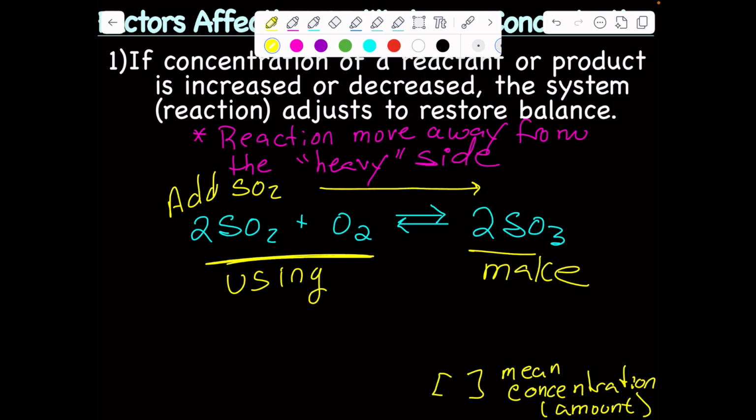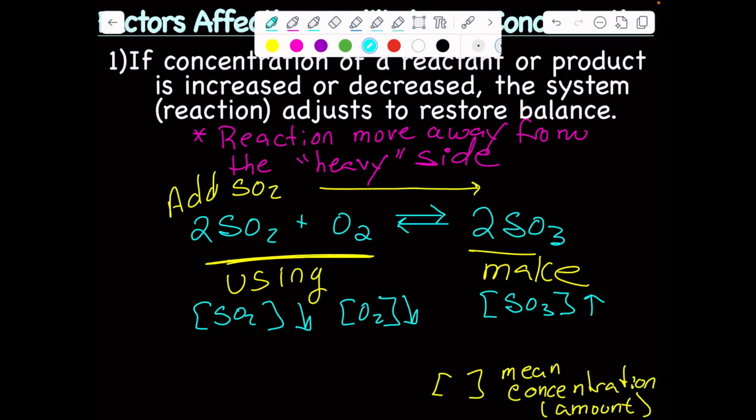So if we're making products, that means the concentration of the products, in this case SO3, is going to increase, because we're making more of it. And we're using the reactants to make the products. So that means the concentration of SO2 is going to go down because we're using it, and the concentration of O2 is going to go down because we're using it.